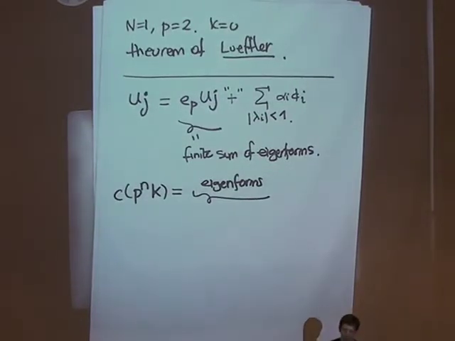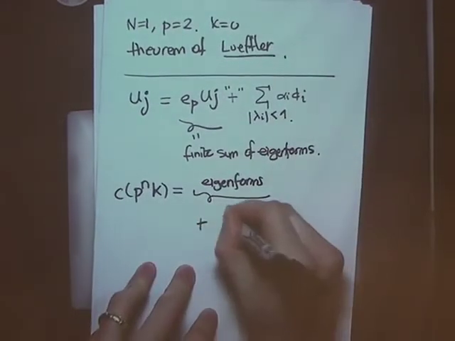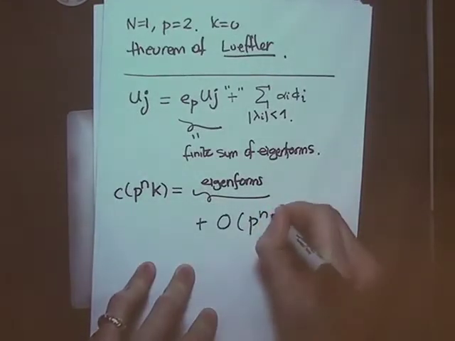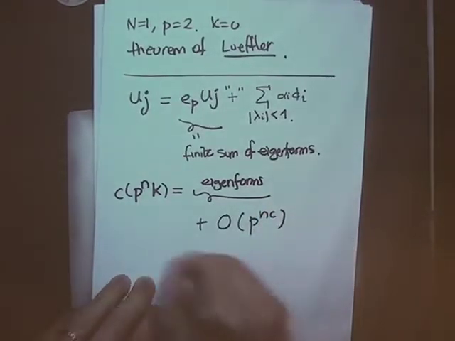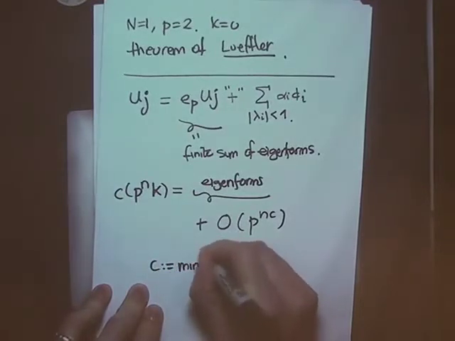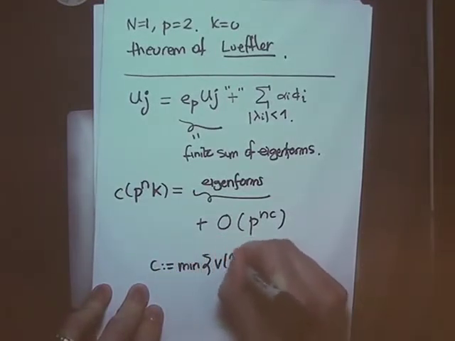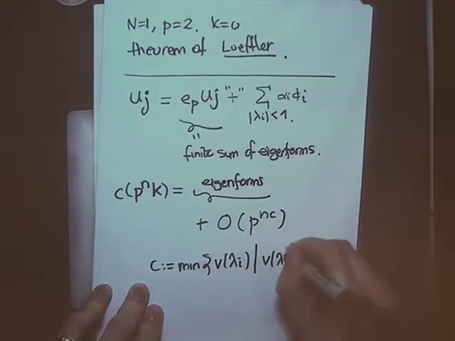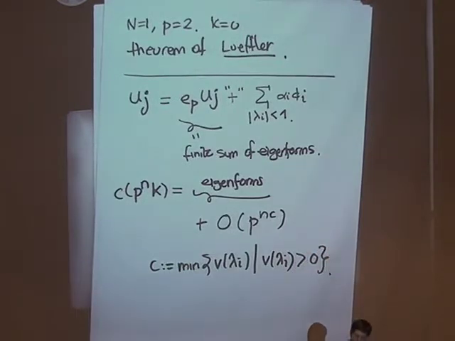The biggest eigenvalue can't be as big as 1, it has to be smaller than 1. So the error term is then O(p^(nc)), where c will literally be equal to the minimum of the valuation of these eigenvalues, at least for the eigenvalues that have valuation strictly bigger than 0, because the ordinary forms have been excised.